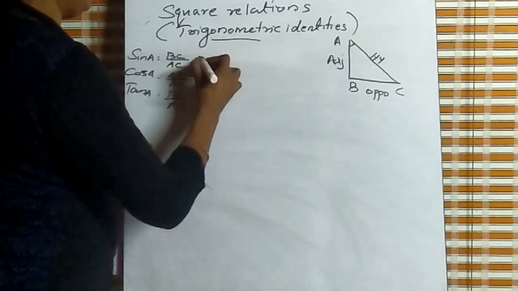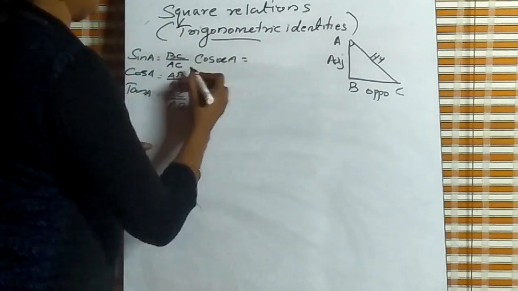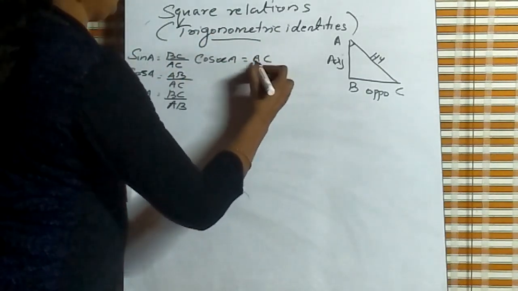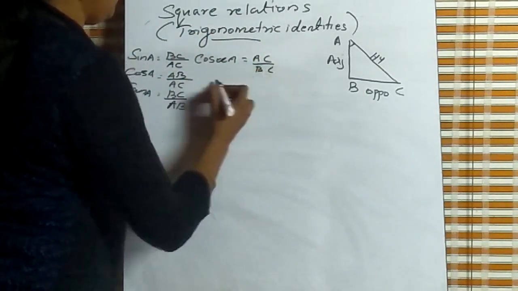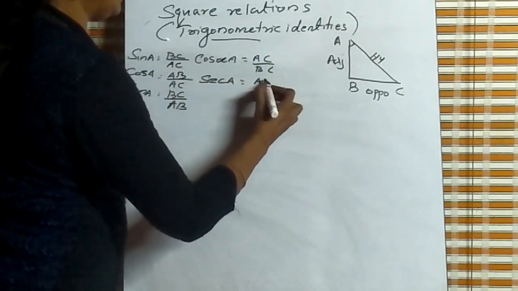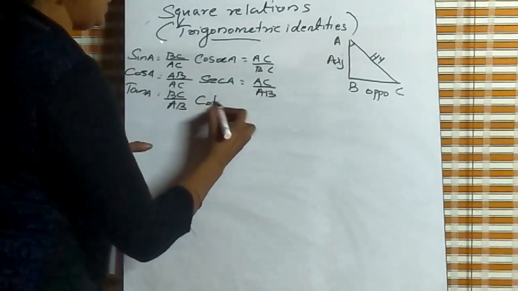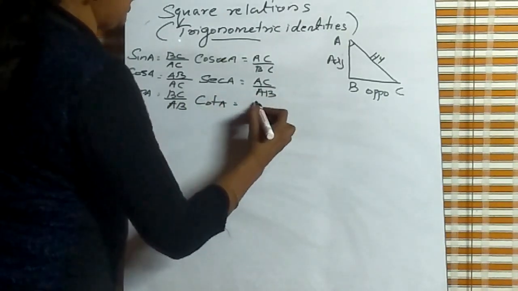Then cosec A is the reciprocal of sin A, AC by BC. And sec A is the reciprocal of cos A, AC by AB. And cot A is the reciprocal of tan A.